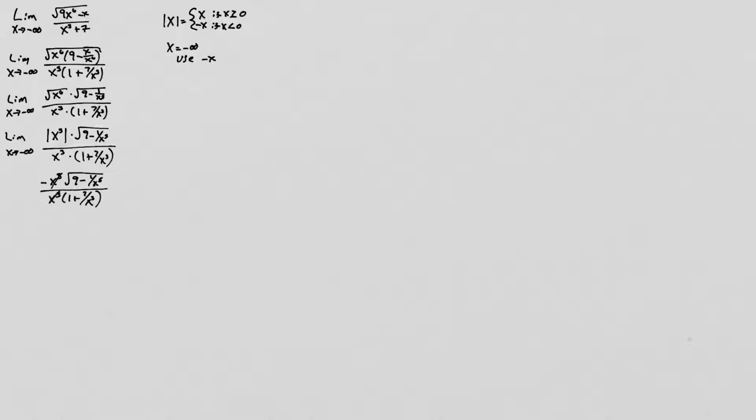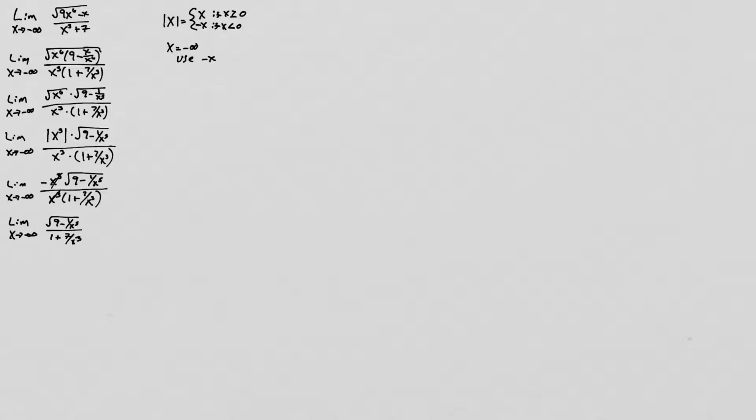Well, these x cubes cancel out. Of course, I still have my limit here because I haven't plugged in my infinity. And that's going to give me the limit as x approaches negative infinity of the square root of 9 minus 1 over x to the 5th divided by 1 plus 7 over x cubed.